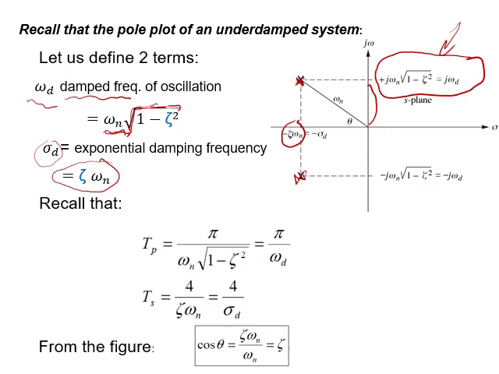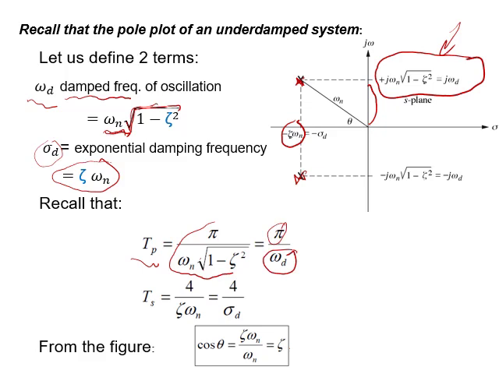Now I realize that by understanding the real part and the imaginary part of the pole, we can calculate some of the parameters. TP was calculated earlier to be pi over omega n times the square root of 1 minus zeta square, which means we can write it as pi over omega d.